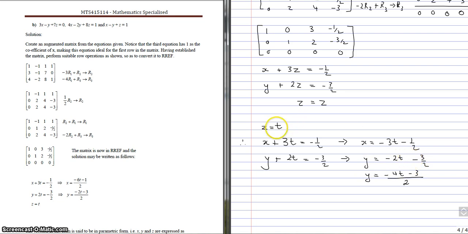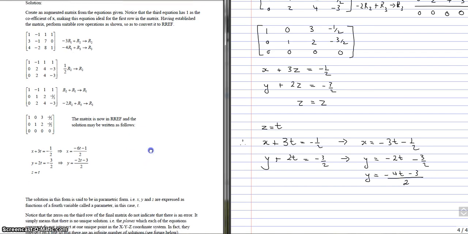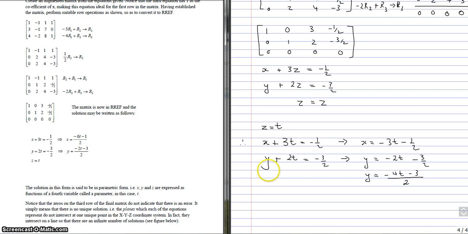If z was equal to 1, then it would be different again. It's negative 3 times 1 minus a half. Okay, and so on. Alright, what does it mean though graphically? Let's get a picture of it. By the way, this is what we call parametric form, our solution that we have here.